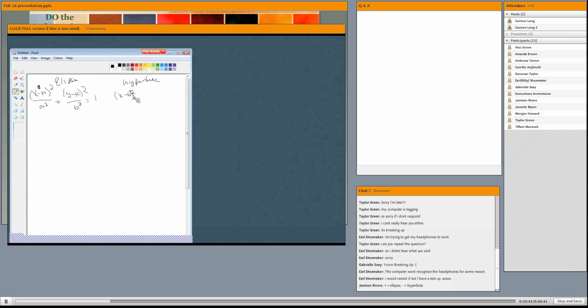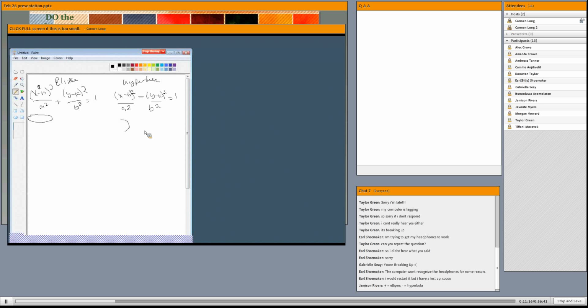All right, the other way it's going to be would be x minus h squared over b squared, and it goes up and down because the bigger denominator is under the y.